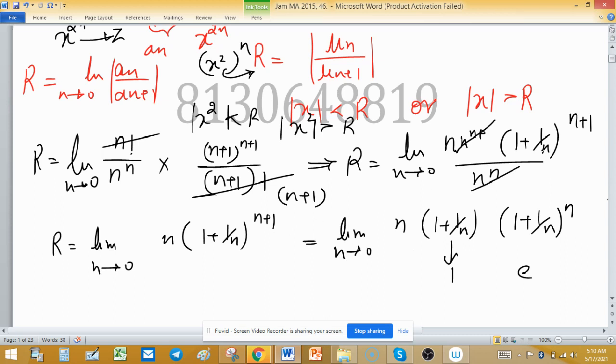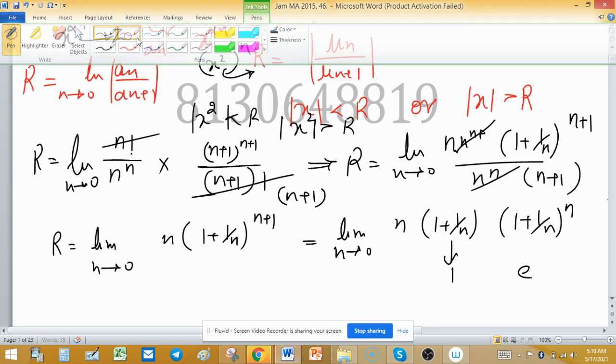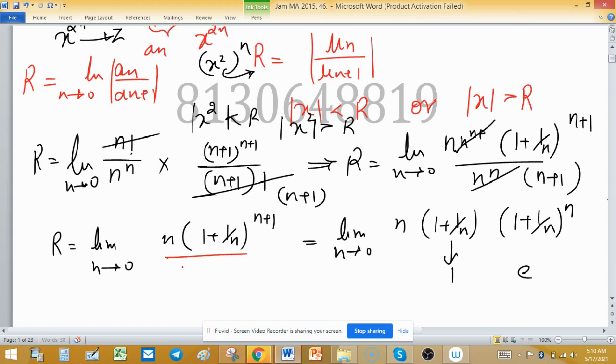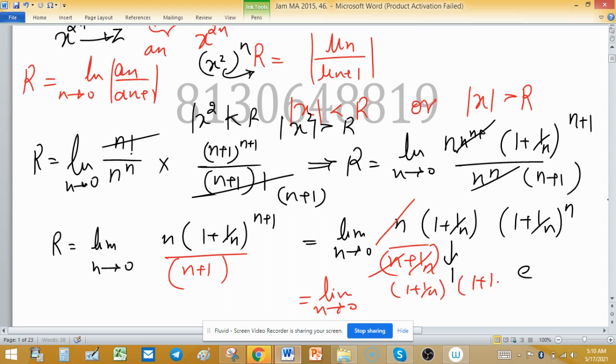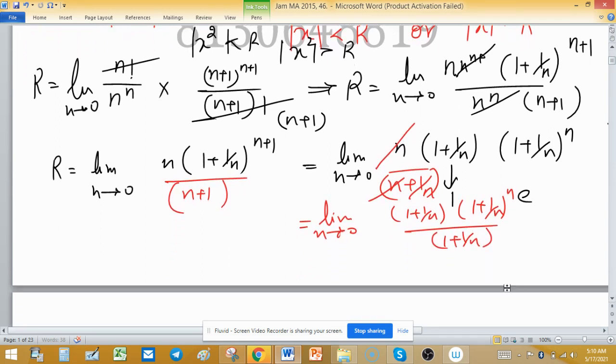Also n plus 1 is left in the denominator, so you have to write n plus 1 in the denominator. You need to take n as common, so this one will cancel out and we have 1 upon n. So the limit as n tends to infinity of (1 plus 1 upon n) raised to the power n divided by (1 plus 1 upon n). So the limit of this expression is e.